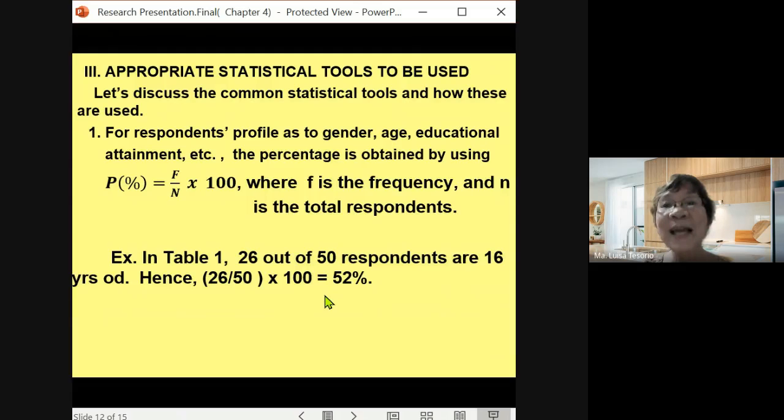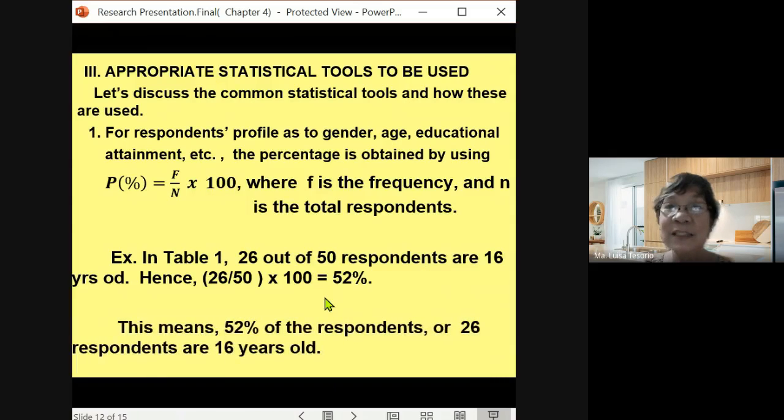If you want to analyze this further, then using the formula, divide 26 by the total respondents, which is 50, then multiply by 100. The result is 52%. This means 52% of the respondents, or 26 respondents, are 16 years old.